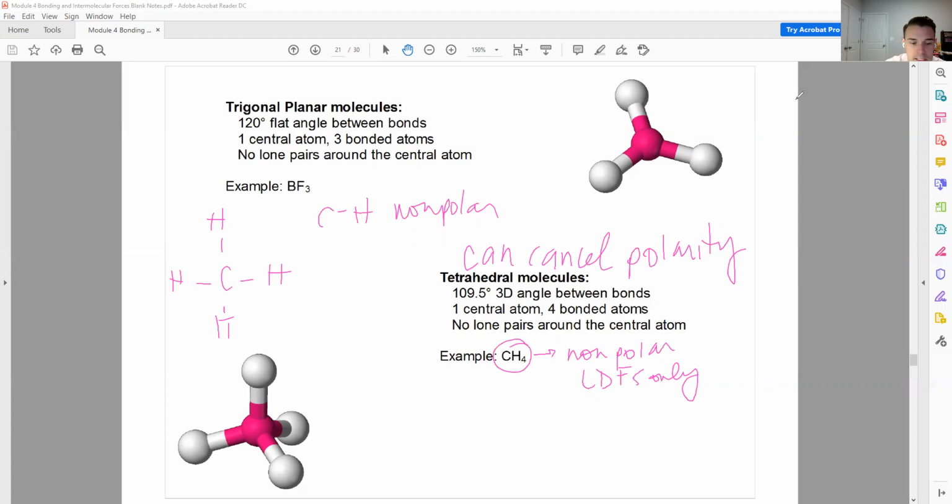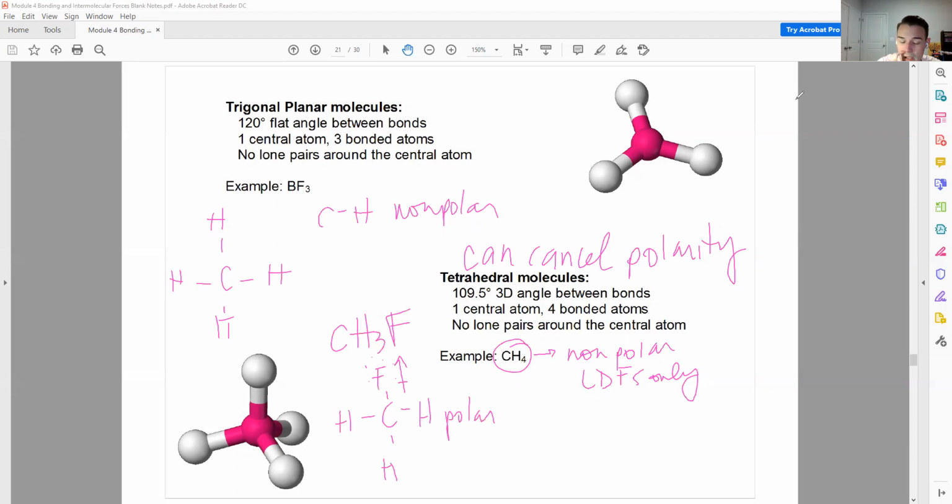Let's try something, and let's change one of those H's to a fluorine. So now there's a pull going up, and all of those have no pull. So this will end up being polar.